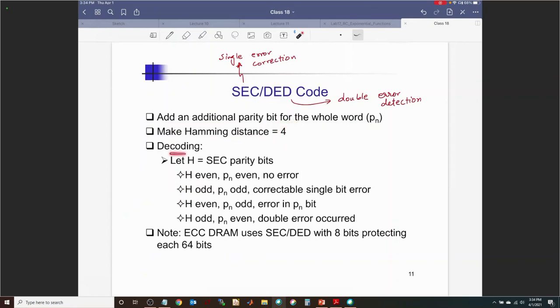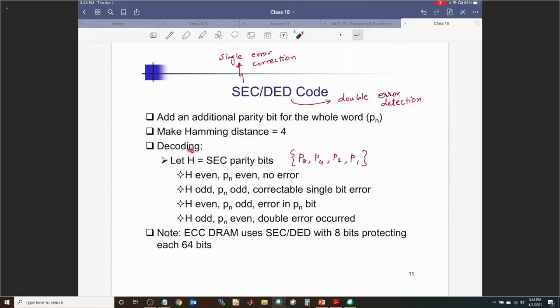And the way the decoding for this is going to work is we are going to use H as all our parity bits. So H will be P8, P4, P2, P1. So that's going to be your H. H is simply your parity bits, the redundant bits.